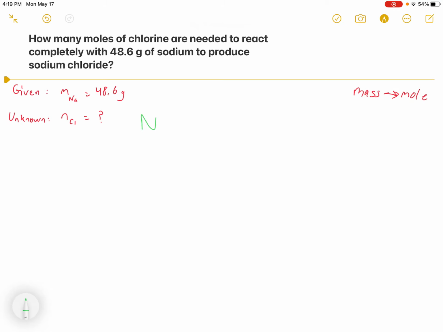So our reaction is going to look like sodium plus Cl2, because chlorine is a diatomic element. We remember HOFBrINCl. So the sodium and the chlorine react to produce sodium chloride. And then we just need to make sure that our equation is balanced, which I'm going to quickly do. Right, so now we have two of each kind of atom on both sides of the reaction equation.